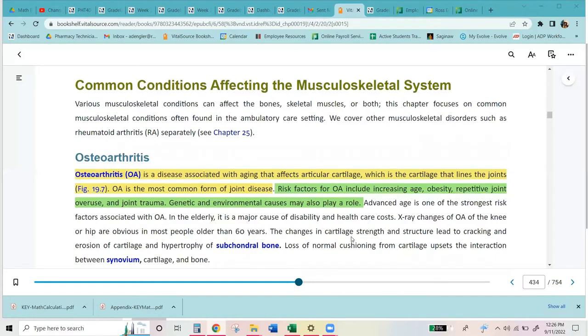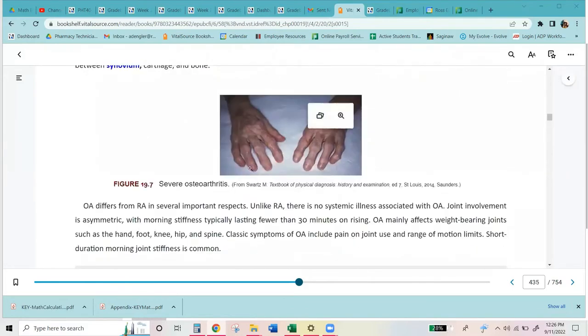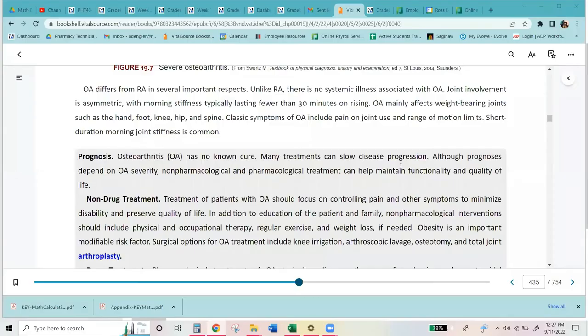And of course, genetic and environmental causes can also play a role. Here's just a severe case of osteoarthritis. Osteoarthritis differs from rheumatoid arthritis in several important aspects. Unlike RA, which is rheumatoid arthritis, there's no systemic illness associated with osteoarthritis.